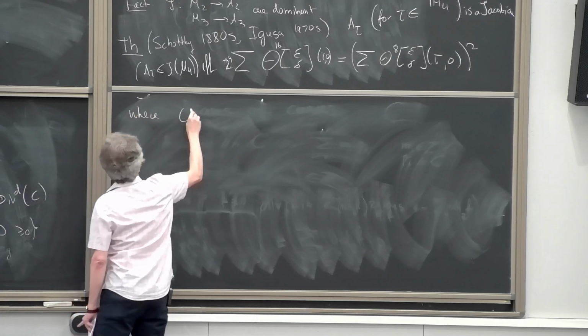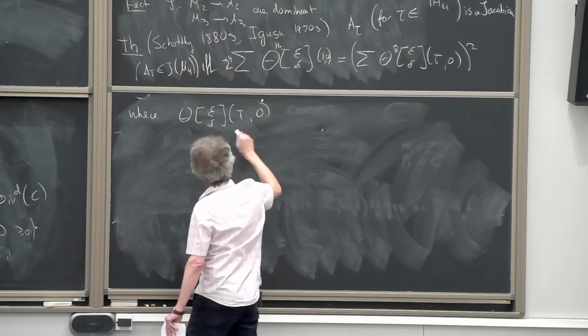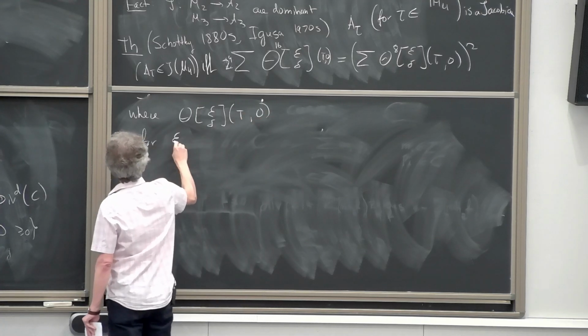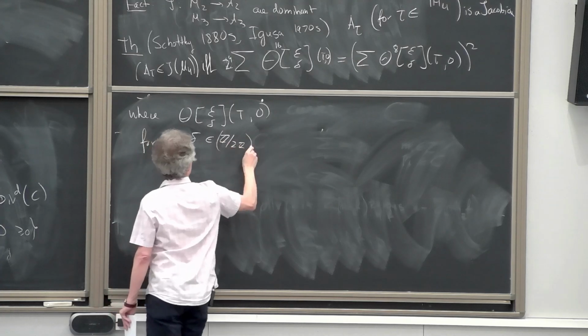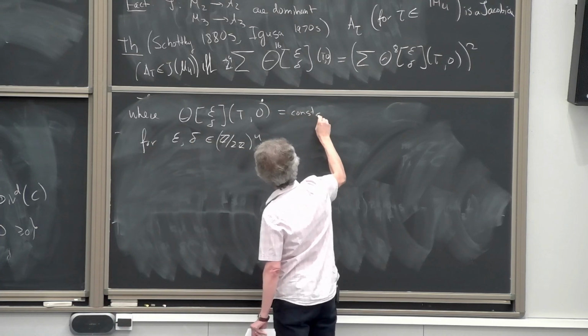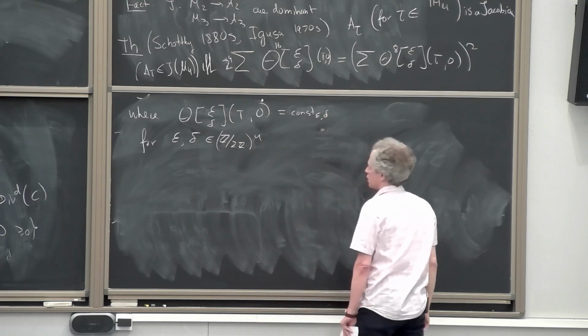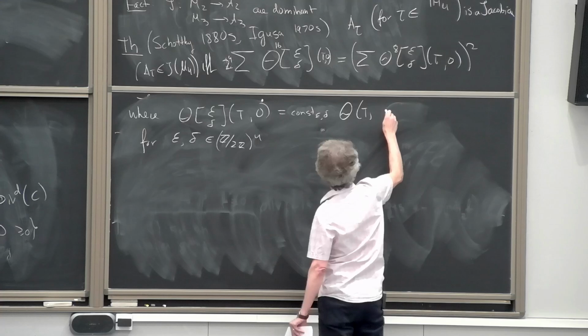Where theta epsilon delta tau 0, for epsilon and delta in Z mod 2Z to the 4th, is essentially, I mean, there is some constant, which I don't want to tell you, depending on epsilon delta, but it's just the value of the theta function at the corresponding 2 torsion point.